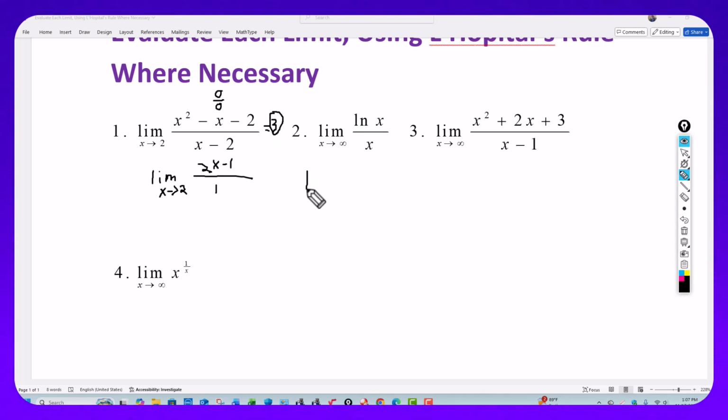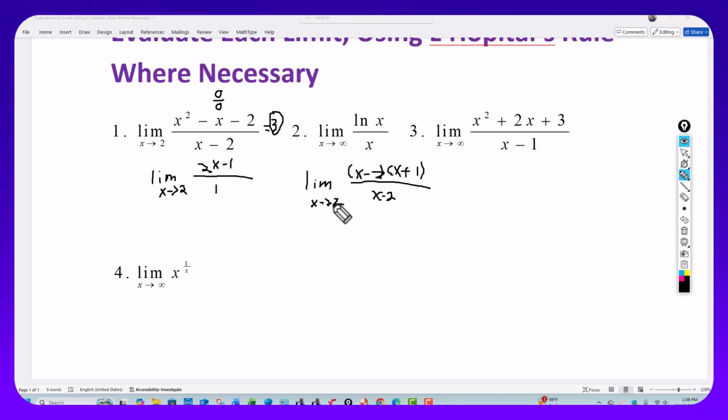But this is one we could do using just basic algebra. So the limit as x goes to 2. Let's factor the numerator here: x minus 2 and x plus 1, over x minus 2. Remember, when you compute the limit of an expression, in this case as x goes to 2, we're looking at what happens as x gets real close to 2.